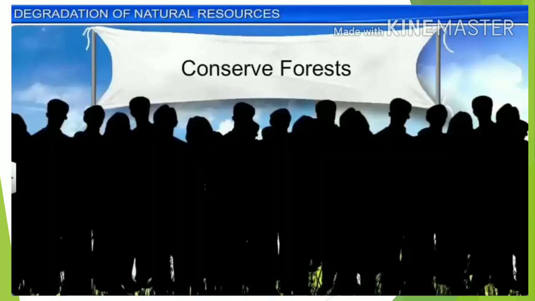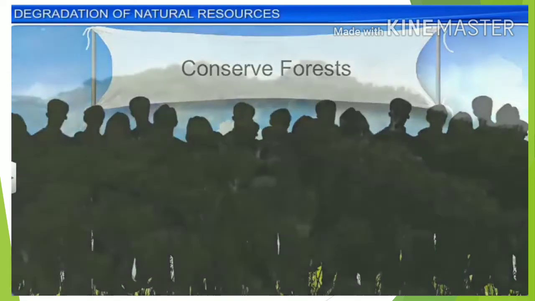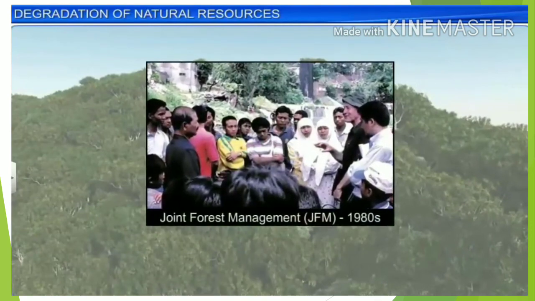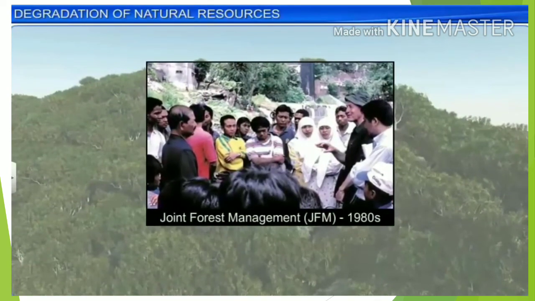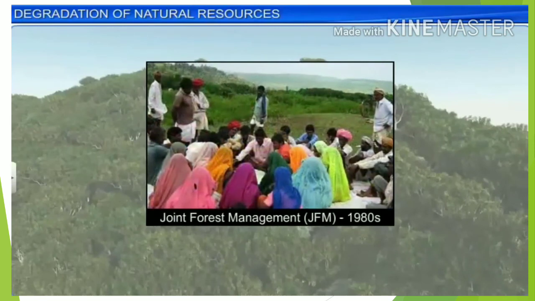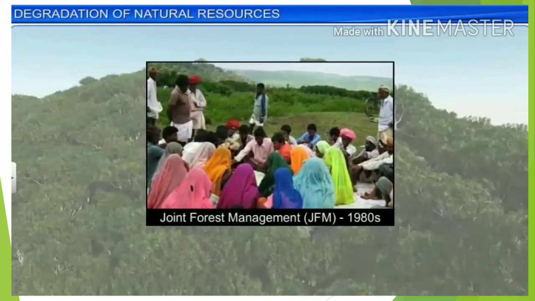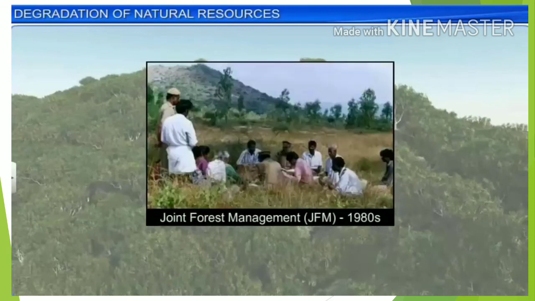Taking note of the importance of participation by local communities, the Government of India in the 1980s introduced the concept of joint forest management. This concept encourages the participation of local communities to protect and manage forests. In return, these communities get the benefit of collecting various forest products such as fruit, gum, and medicinal plants.